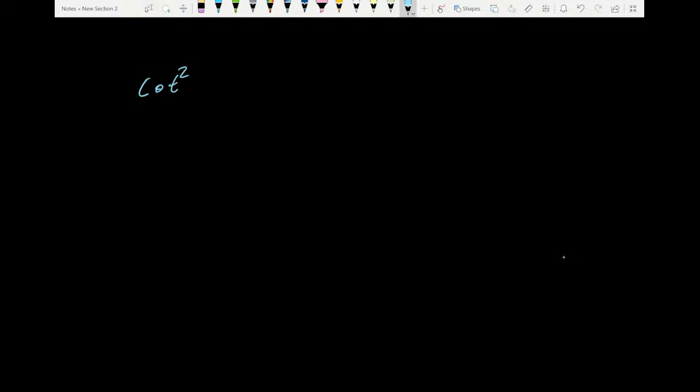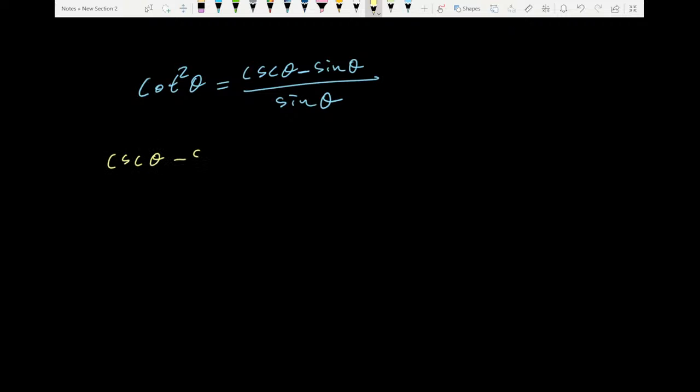Let's do cotangent square of theta equals cosecant of theta minus sine of theta over sine of theta.